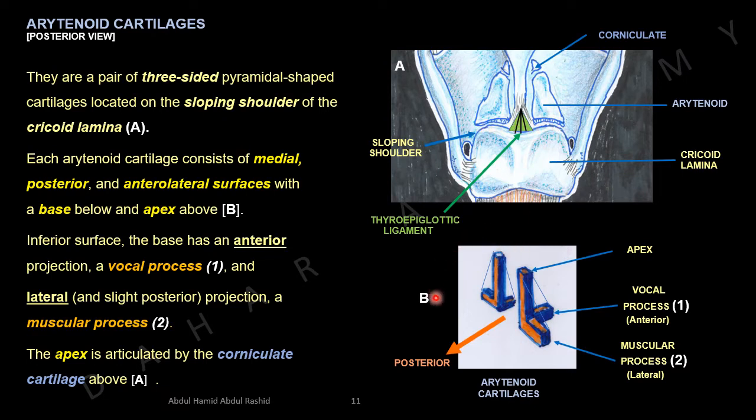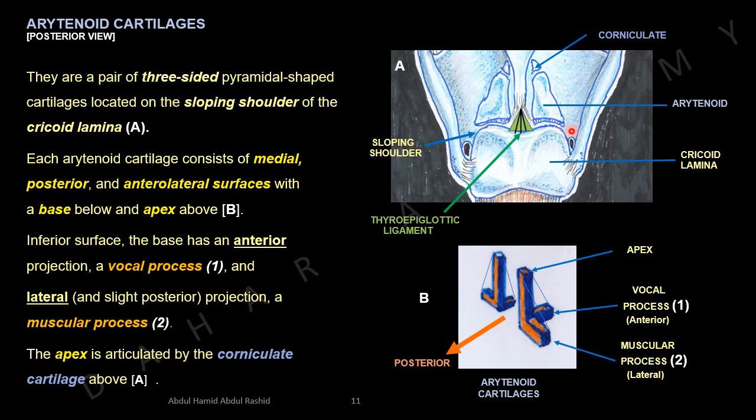This is a very diagrammatic picture of the arytenoid cartilages seen from the right posterolateral side. Now we are going to talk about the arytenoid cartilages. They are a pair of three-sided pyramidal shaped cartilages located on the sloping shoulder of the cricoid lamina.